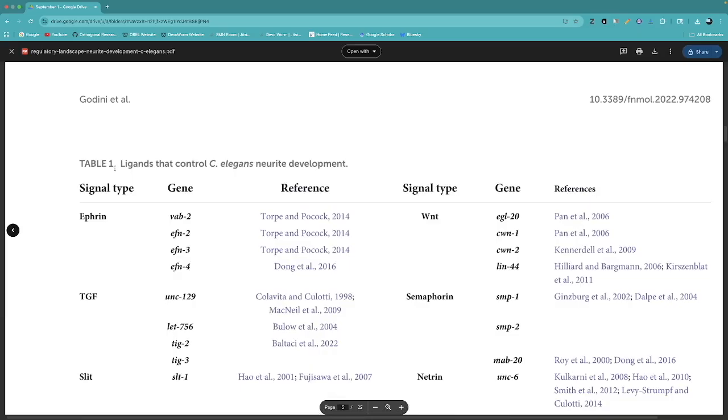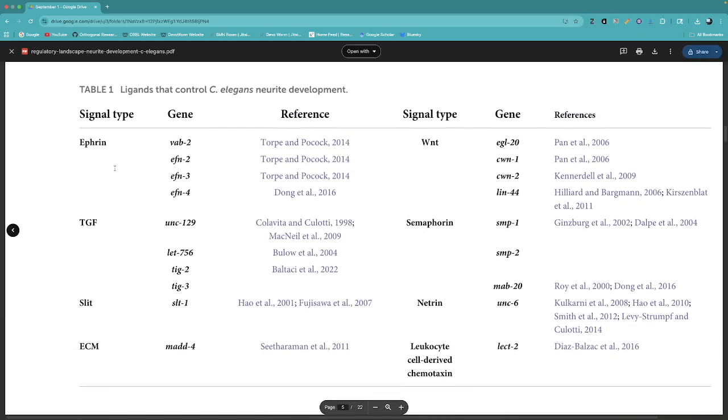So as you can see, there are a number of signals here. We have ephrin, TGF, SLIT, ECM, netrin, Wnt, and leukocyte cell-derived chemotaxin. And these are all conserved across different neural systems. So you often see netrin and SLIT and ephrin and Wnt throughout animal neural development.